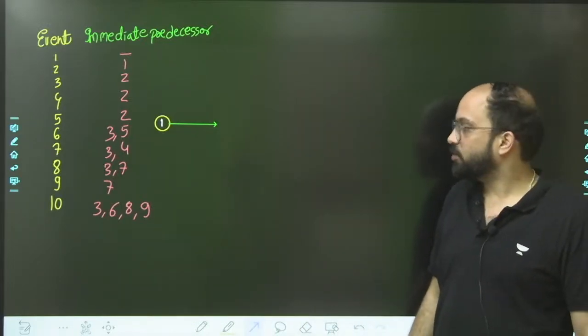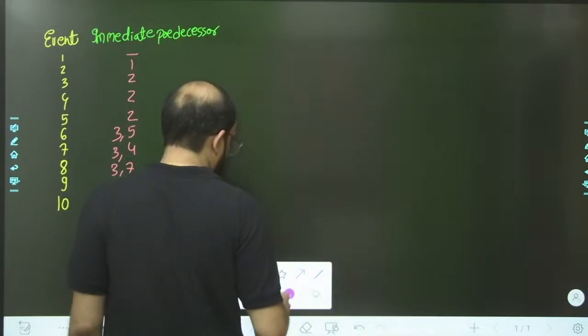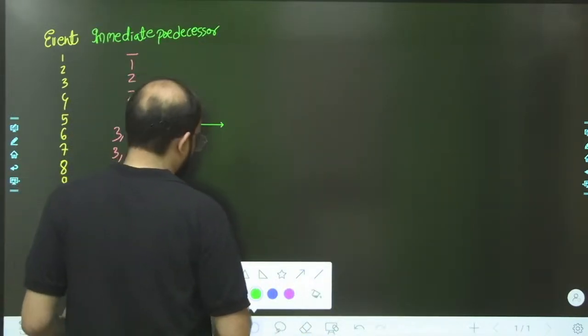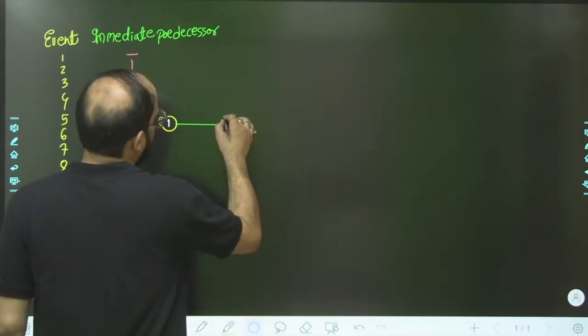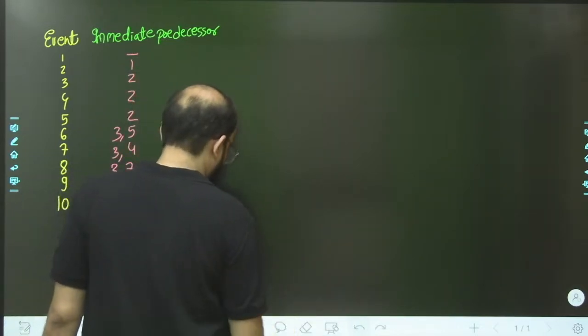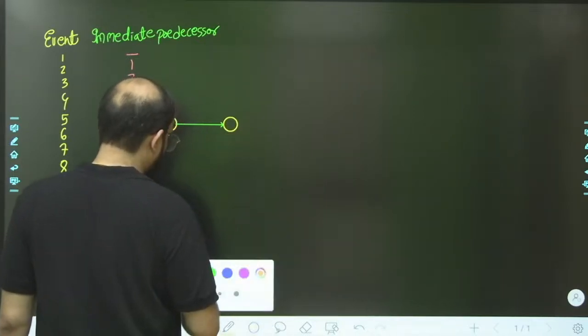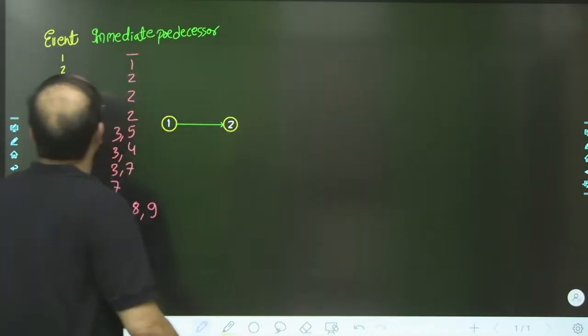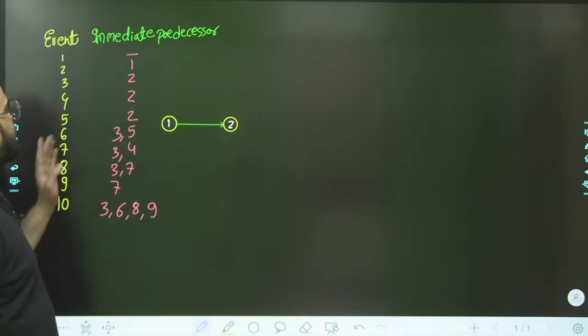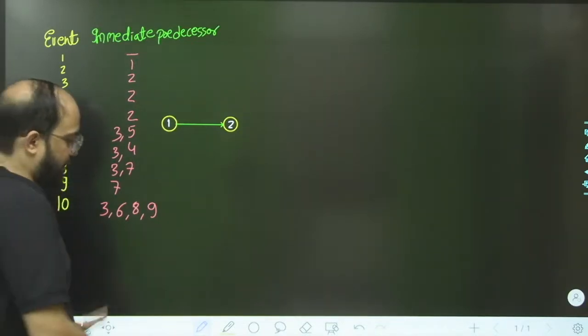Now 1 is the immediate predecessor of 2, so this is 2. Now 2 is a predecessor of events 3, 4, 5.